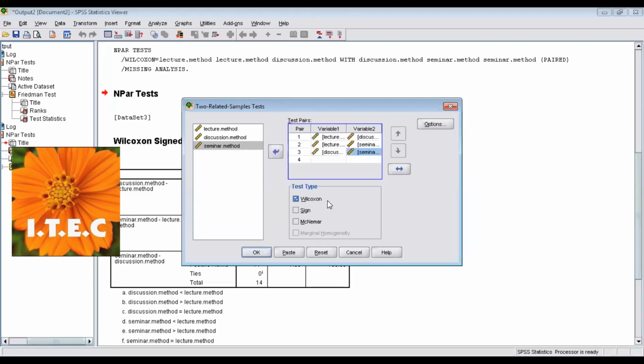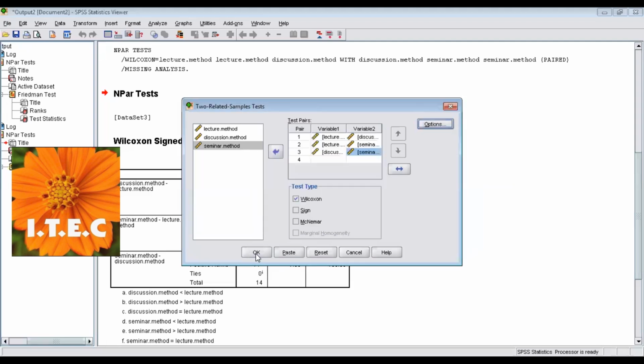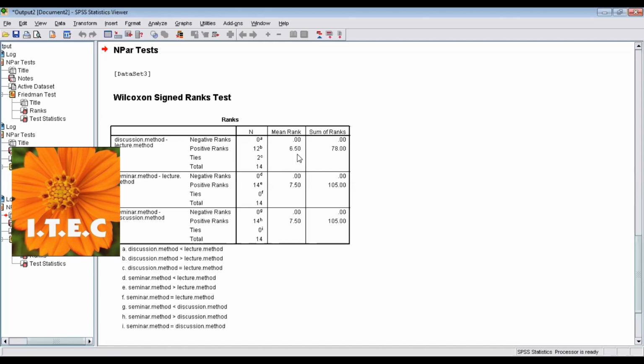And this is the Wilcoxon. I don't want anything here. So fine, I say okay, and this becomes my value. That is the meaning of it.